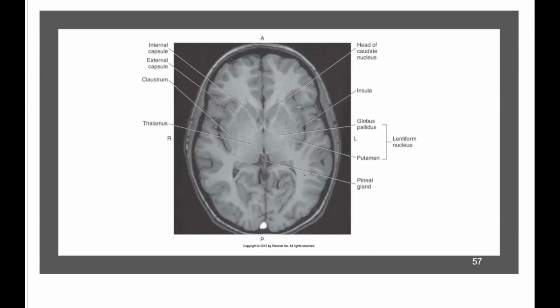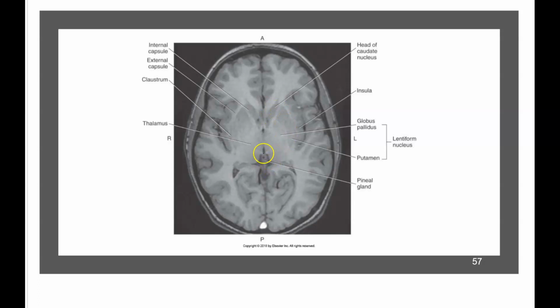Okay, this is what it looks like on an MRI axial T1. So head of the caudate nucleus, then we have your insula right here, globus. You can see right here, there's a little density change, and this is your globus pallidus, and this right here is your putamen. The two together are your lentiform nucleus, okay? You can see your head of the caudate nucleus right there.